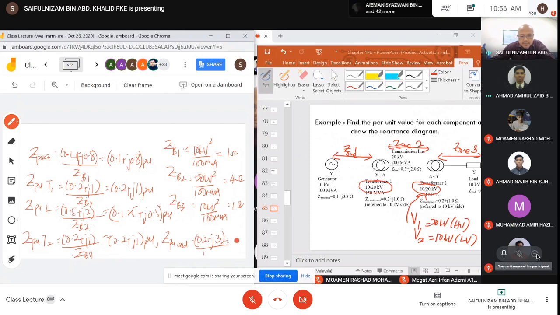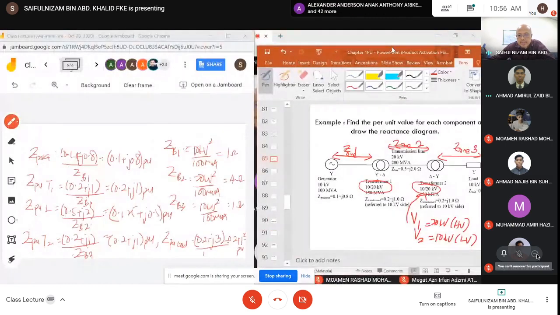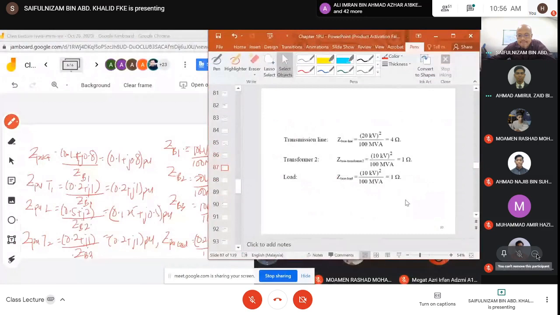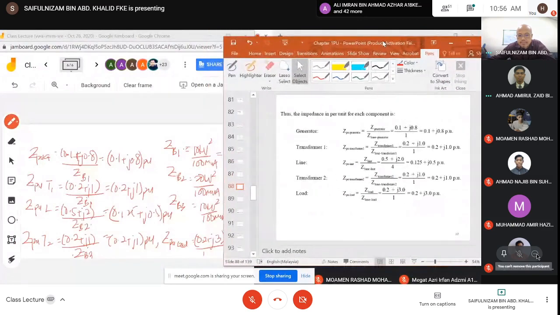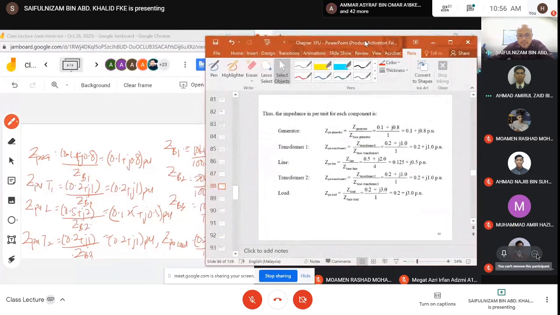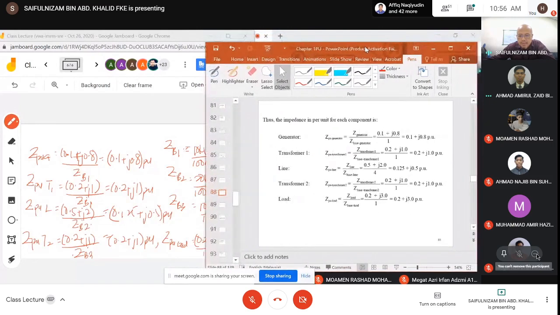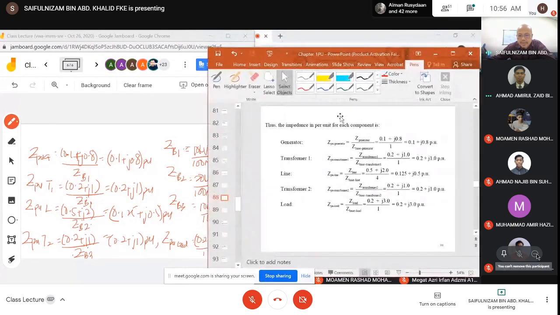Should get the same, 0.2 plus j3 PU. Okay, so let's compare the answers. The generator 0.1 plus j0.8, the transformers 0.2 plus j1, the line 0.125 plus j0.5, and the load 0.2 plus j3. Okay, correct. Any questions so far in finding the per unit impedance?